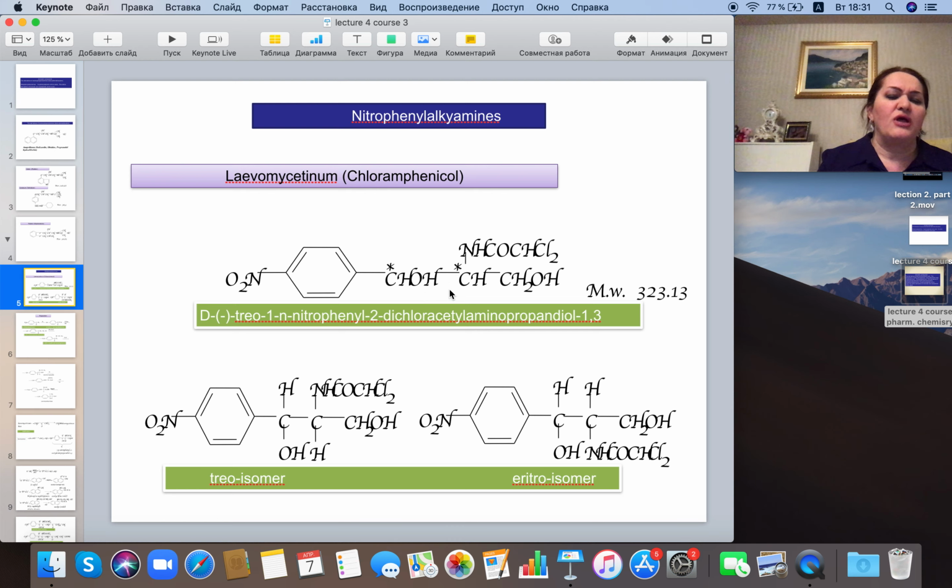If the preparation has two asymmetric carbon atoms, it has four isomers, and you can see threo isomers and erythro isomers, but the active form of levomycin is the threo isomer.